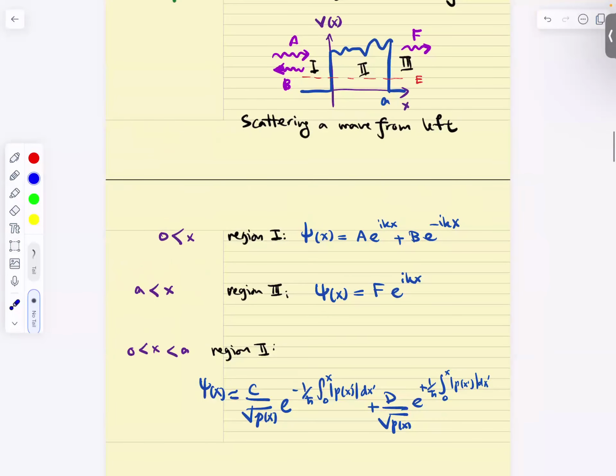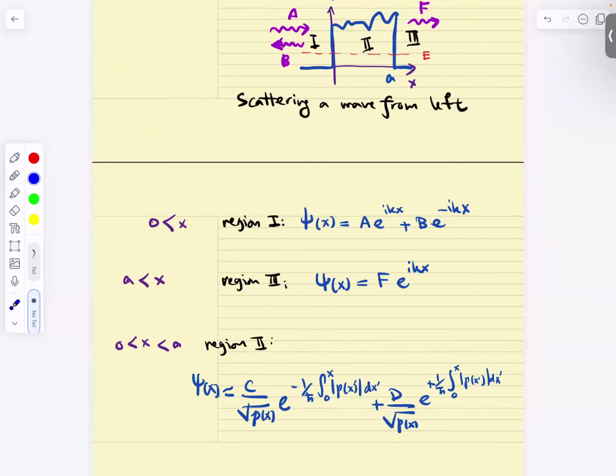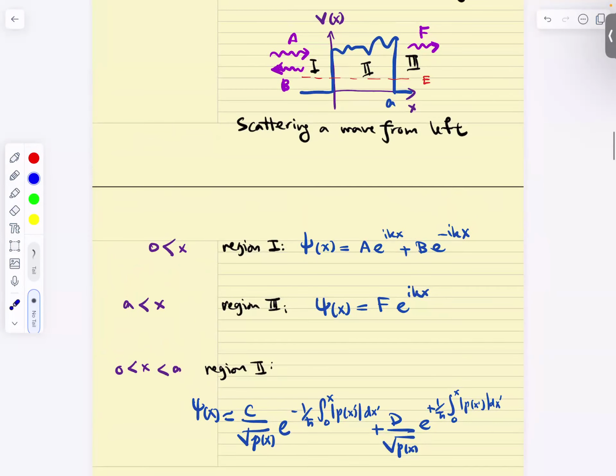Now the question is, what is it in the middle? Here's something very subtle. We said this is a classically forbidden region, right? And what we proposed as a solution for it was e to the power of minus 1 over h bar of this form and e to the power of 1 over h bar of this form. What are these?